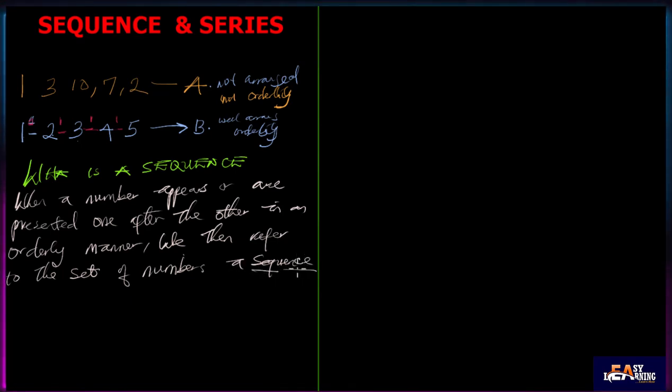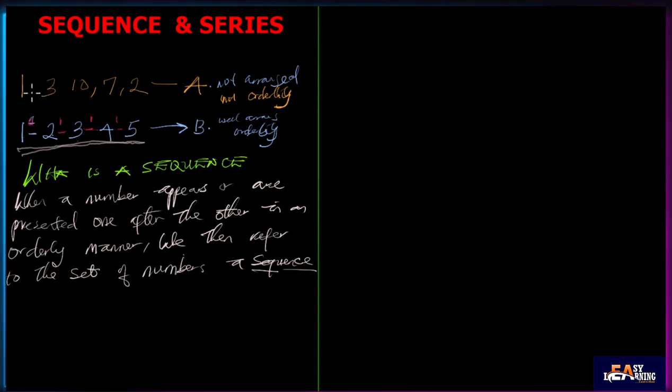Very, very important. Just like the set of numbers that we had here, when numbers appear or are presented one after another in an orderly manner, we refer to that set of numbers as a sequence.